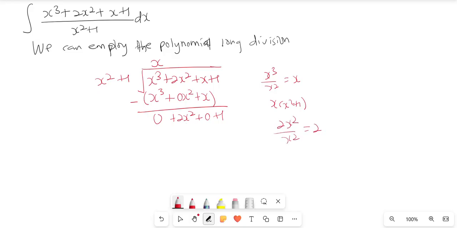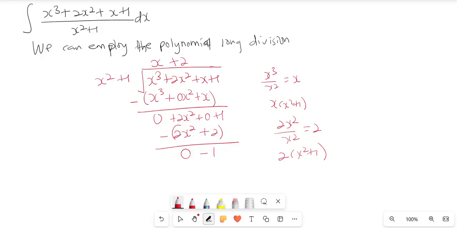That should give you 2. So you put the 2 here, then you multiply again, 2 multiplied by x squared plus 1. That should give you 2x squared plus 2. Then you subtract again, 2x squared minus 2x squared is 0. 1 minus 2 should give you negative 1.